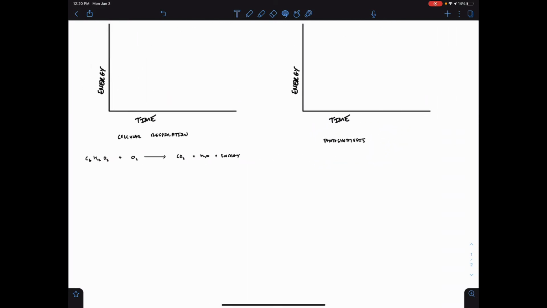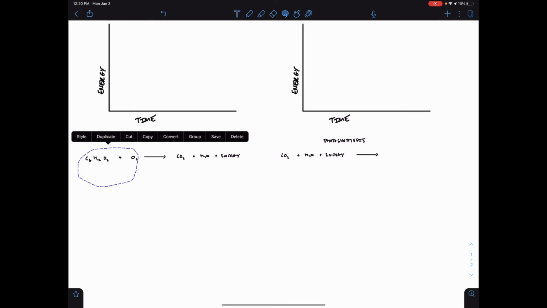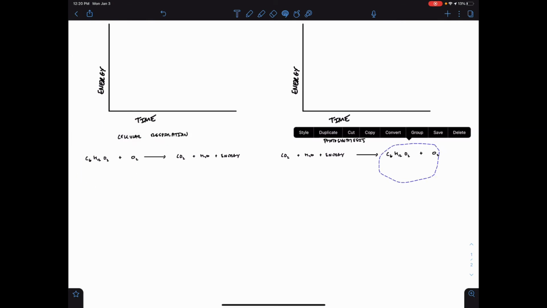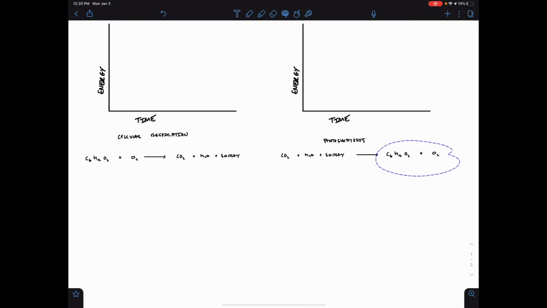Now, if we look at photosynthesis, we can actually take the products of our cellular respiration reaction and copy over the same arrow, and the products here are the reactants here.